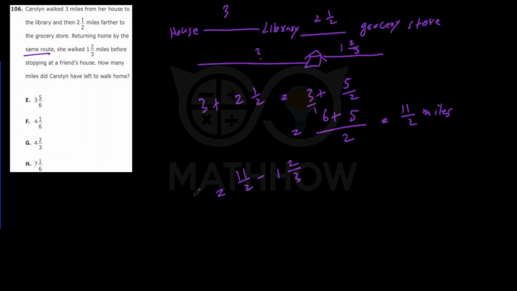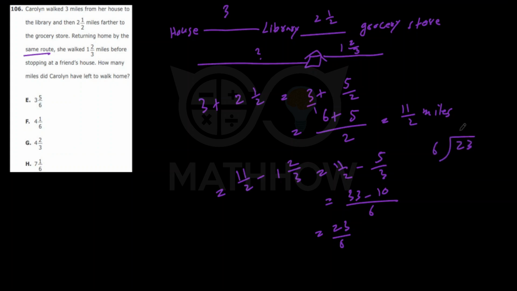This will give us the unknown distance that we need to find. 11 by 2 minus 5 over 3. The LCM is 6. 2 3s are 6, 3 11s are 33, minus 3 2s are 6, 2 5s are 10. This will be 23 over 6.